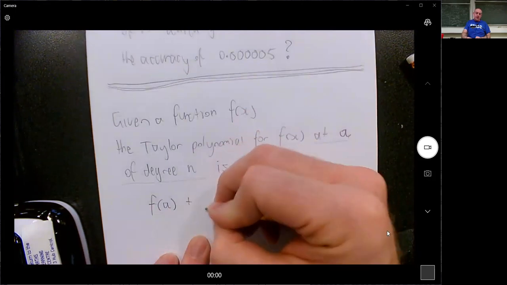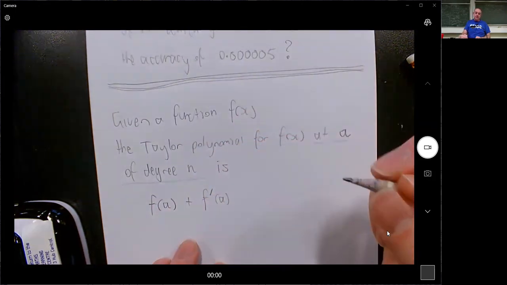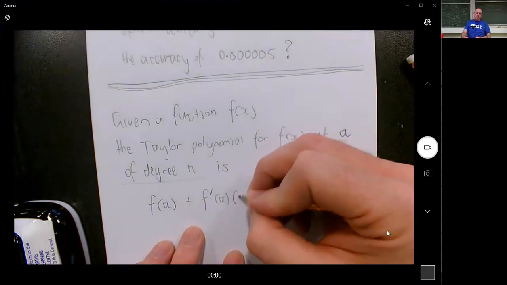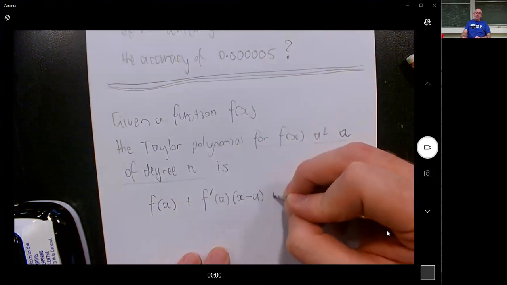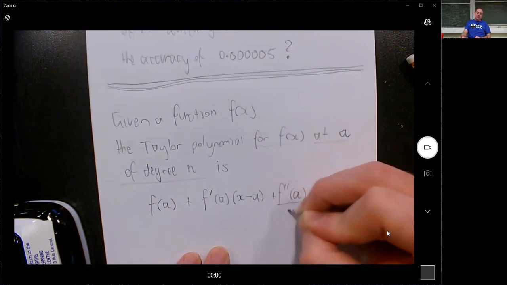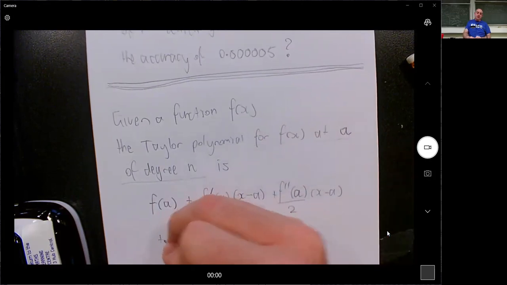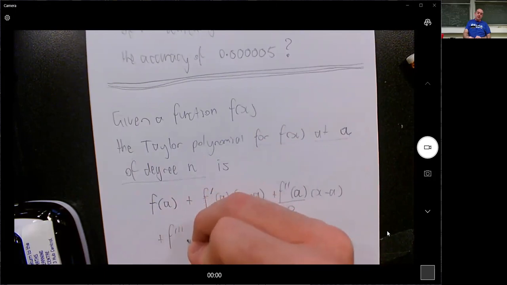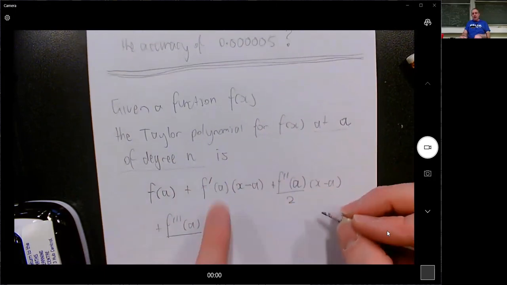And then you do the derivative of the function, and you sub in and multiply that by x minus a, and then you do the second derivative of the function at a and divide by 2 times x minus a, and then you do the third derivative of the function at a, and you divide by, now each time the denominator gets multiplied by one more number.